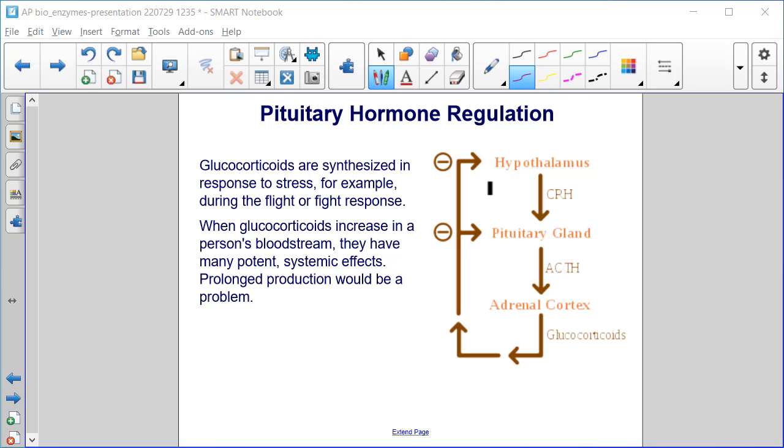Glucocorticoids are synthesized in response to stress, for example, during the fight or flight response. When glucocorticoids increase in a person's bloodstream, they have many potent systemic effects. Prolonged production would be a problem.